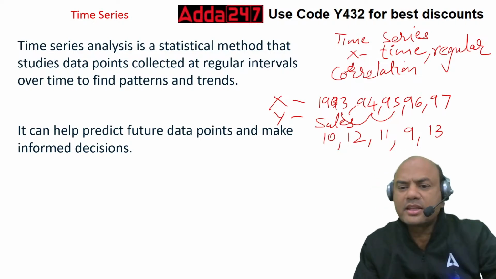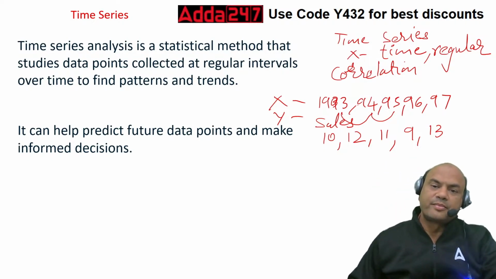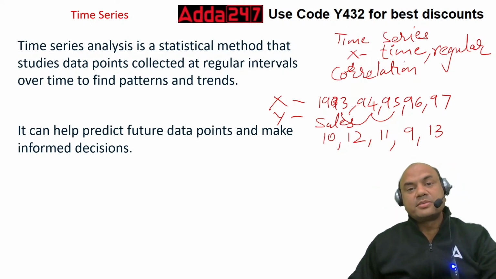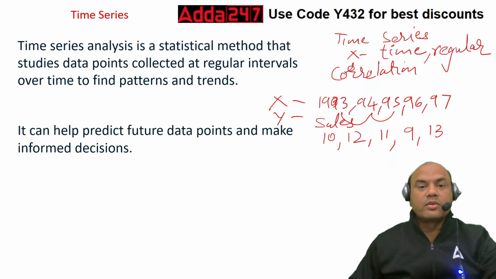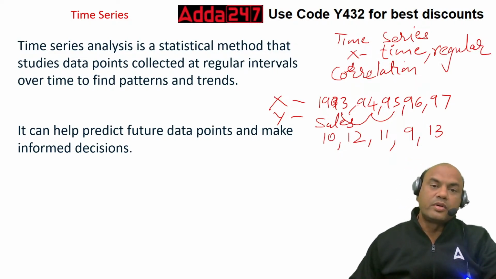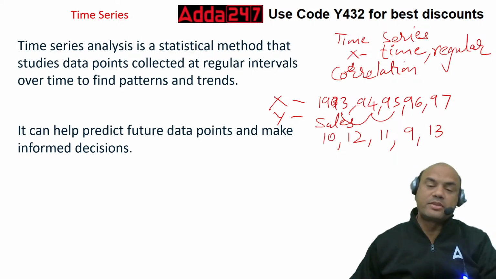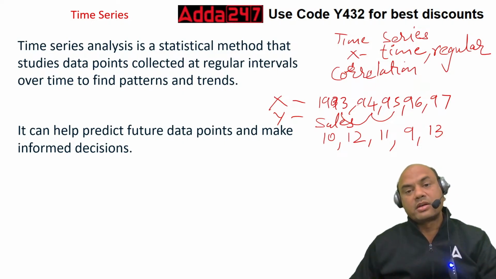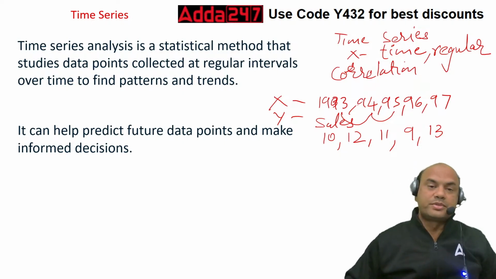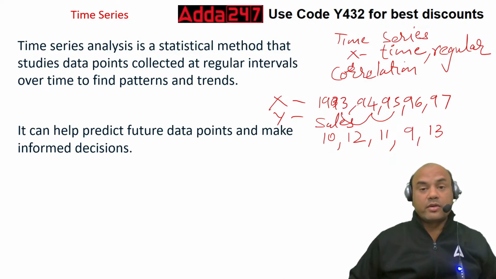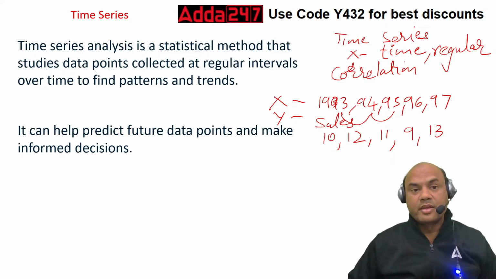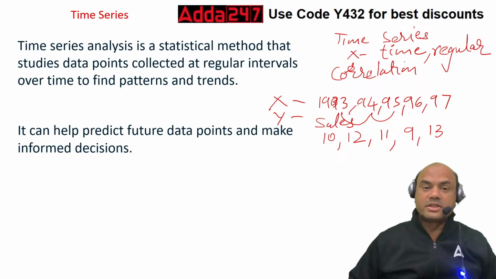I can study anything else. Okay. So time series is basically the data points collected over a regular interval over time to find the patterns and the trends. Here, patterns and trends means what? From here you should be able to find out the curve as such, how the curve moves. You should be able to find out that curve, isn't it? So time series includes this.